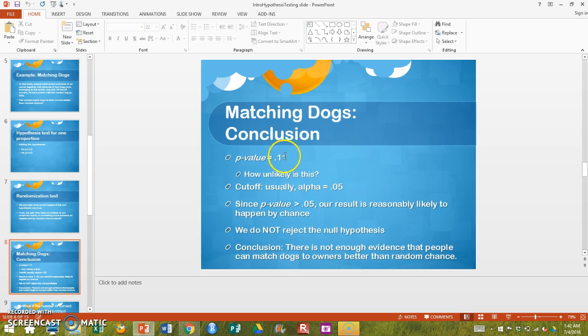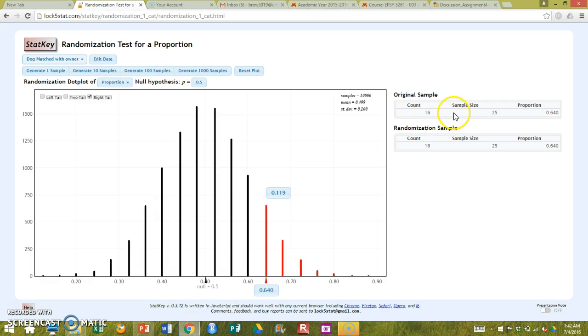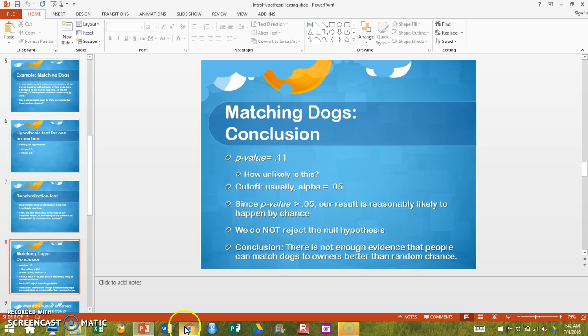So since our p-value is about 11% or 12%, that's higher than our alpha level. And we say, well, 12% is reasonably likely to happen by chance. Therefore, this original sample result of 16 out of 25, giving us a proportion of 0.64, is pretty likely to happen by chance, assuming the null is true.